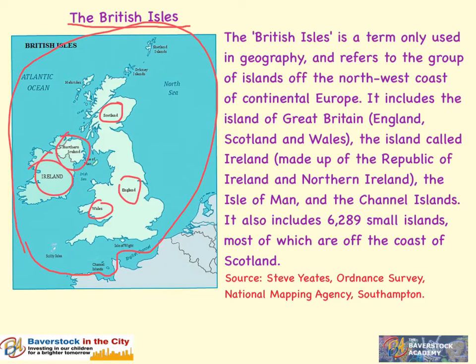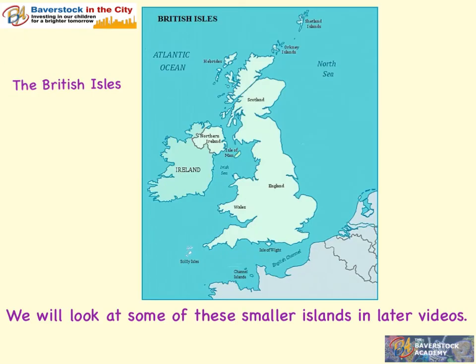It includes the Isle of Man, which is there, the Channel Islands, which are here, and 6,289 small islands, most of which are off the coast of Scotland. Most but not all. We will have a look at some of these smaller islands in later videos.